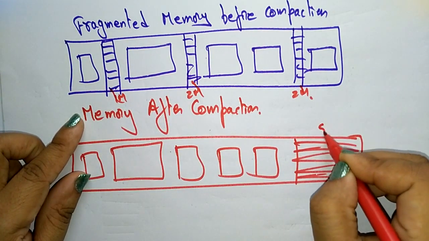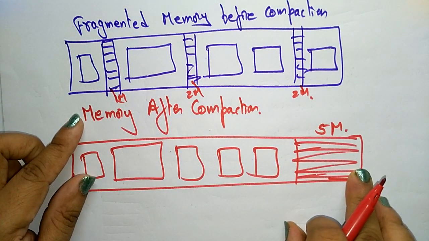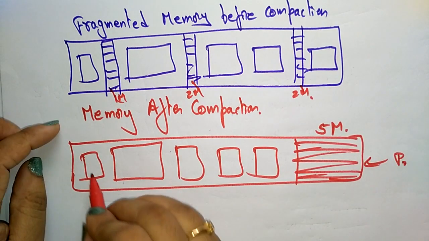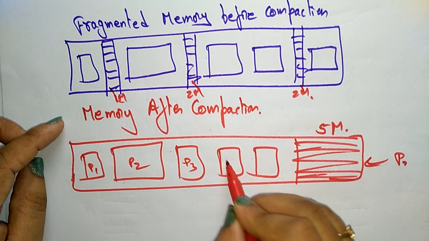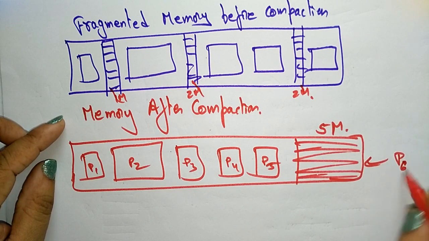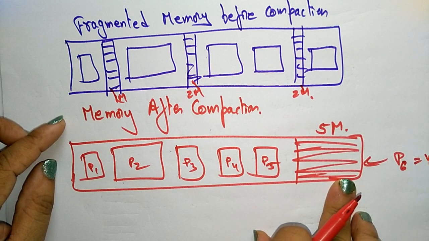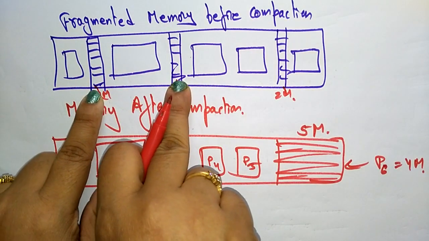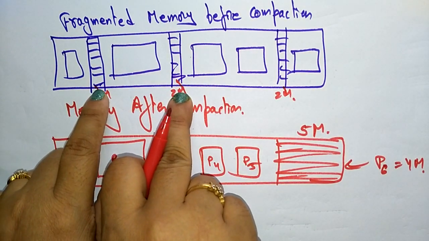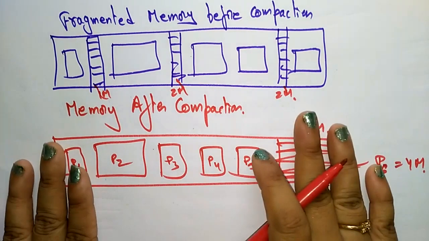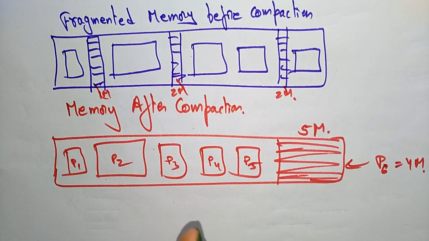This 5M can be occupied by another process. So P1, P2, P3, P4, P5. Suppose P6 is 4M, it can fit in this 5M. The unused memory space is shifted to the end, which means we are shuffling. This is called compaction. Fragmented memory will be compacted, shuffled.